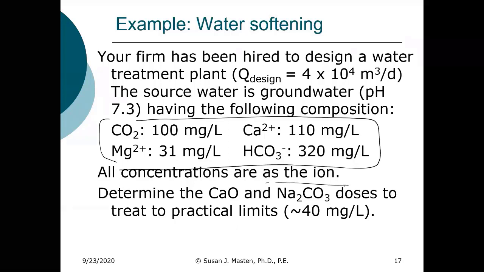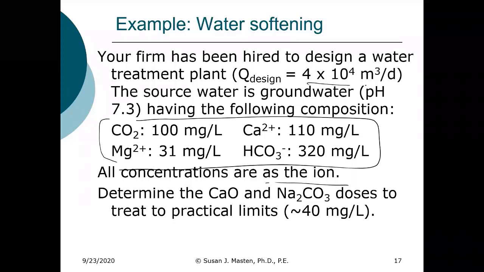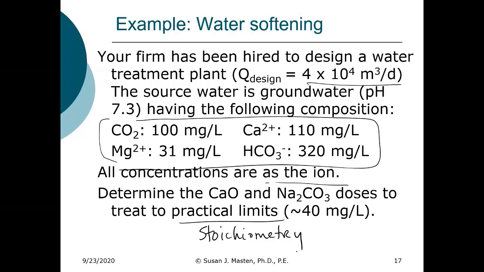You're told that you're designing a water treatment plant with a design flow of 4 times 10 to the 4 cubic meters per day. And you're asked to determine the lime and soda ash doses to meet practical limits. This means we are looking at the stoichiometry, and the stoichiometry only.